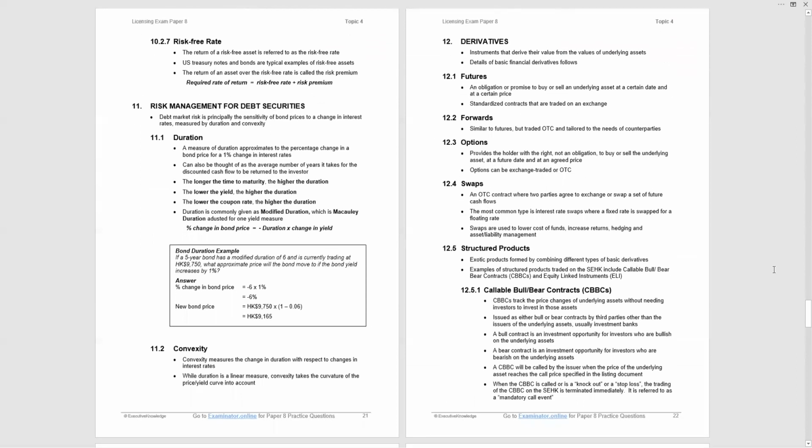Moving on to the last part of bond pricing, the risk-free rate. Now, a risk-free asset gives us the risk-free rate. Traditionally, US Treasury notes and bonds would be the sort of global risk-free asset. Return of an asset over the risk-free rate is known as the risk premium.